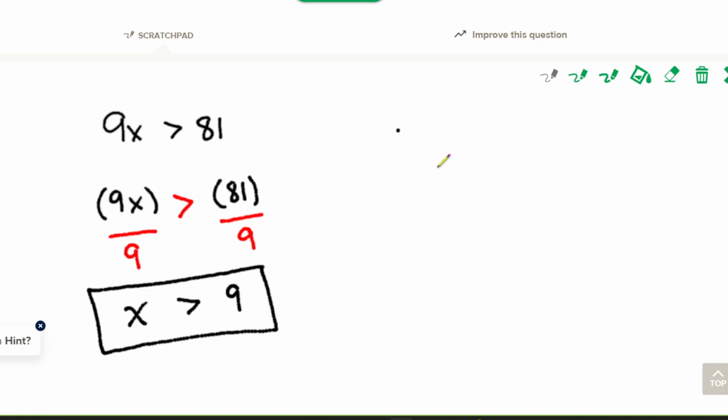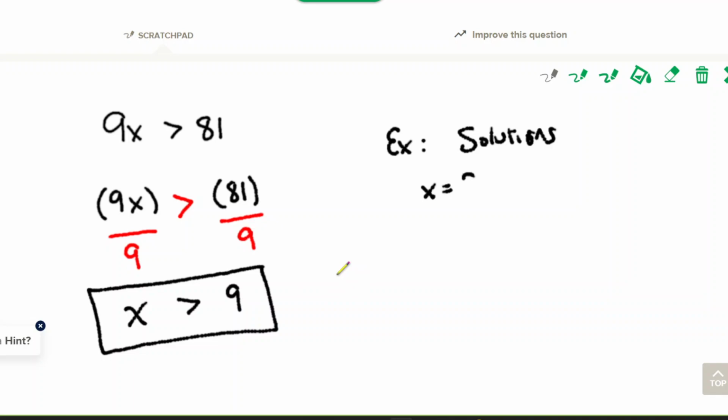So here are some examples of solutions to this inequality. x equals 9 doesn't work. This is describing all the numbers greater than 9. 9 is equal to 9, not greater than 9, so 9 is not a solution.